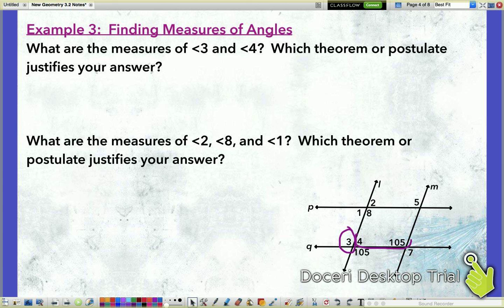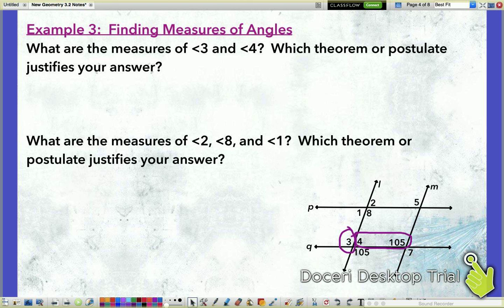4 and 105 are consecutive interior angles between L and M. So we know consecutive interior angles equal 180. So 180 minus 105 is 75.